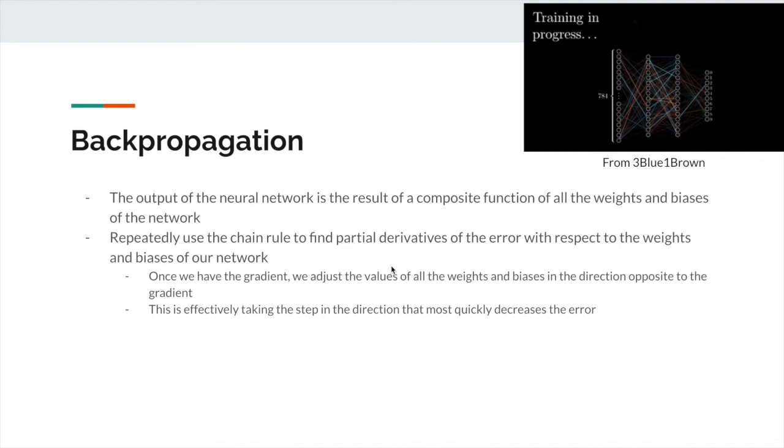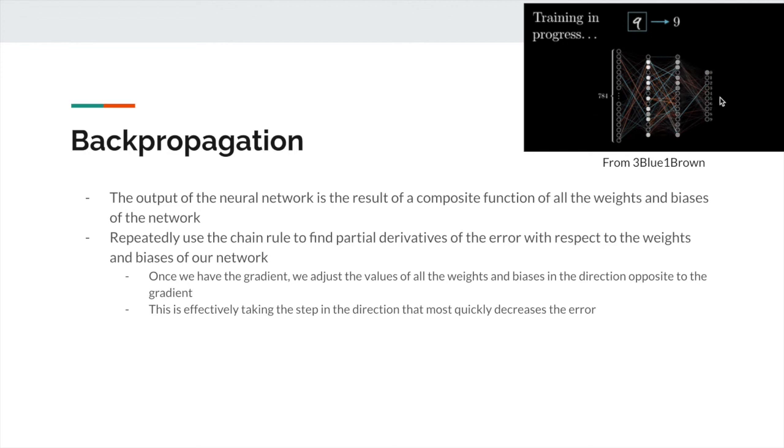And so one question you may be asking is, how do we actually get the gradients? Basically, you can think about the loss function as a composite function of all the different weights and parameters of our neural network, where the output of this node depends on all of the inputs that were coming in, and so on, right?